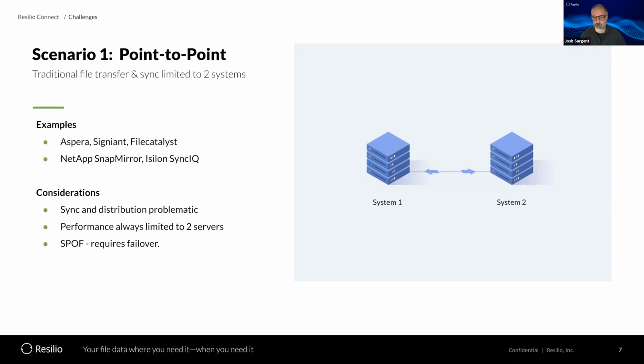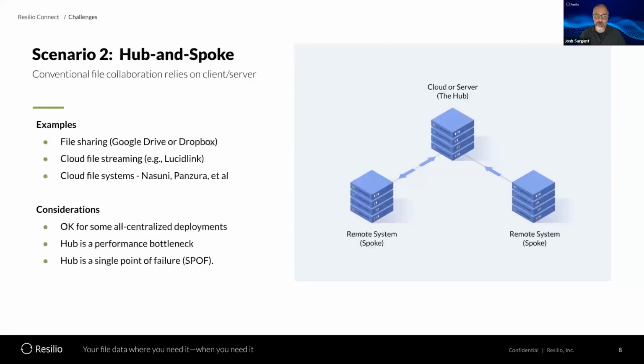So very simple to understand. But when it comes to scaling collaboration, a lot of times you've got this hub and spoke architecture. And this is a very small hub and spoke architecture with just 1 hub and 2 remotes. But hub and spoke architectures can get complex and large.